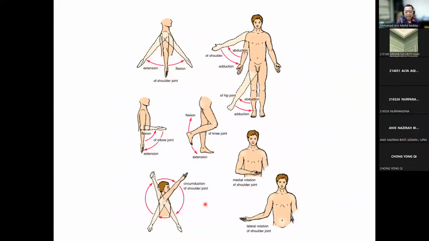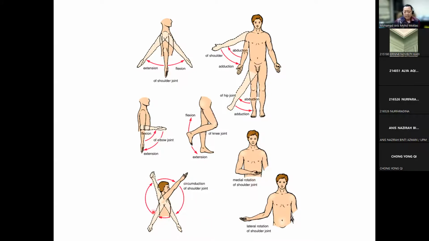So this type of movements of the limbs, you have flexion, extension of the shoulder joint, ABD, ADD of the shoulder joint, ABD, ADD of the hip joint, flexion and extension of the elbow, right? And then you have medial rotation, lateral rotation of the shoulder joint.